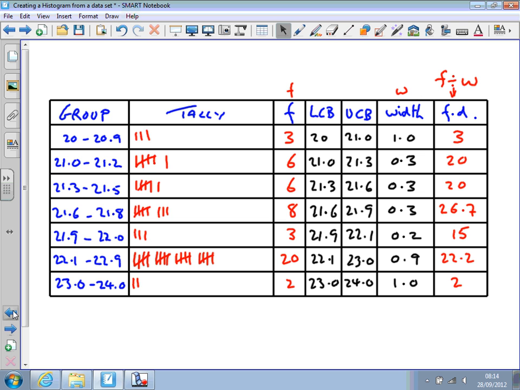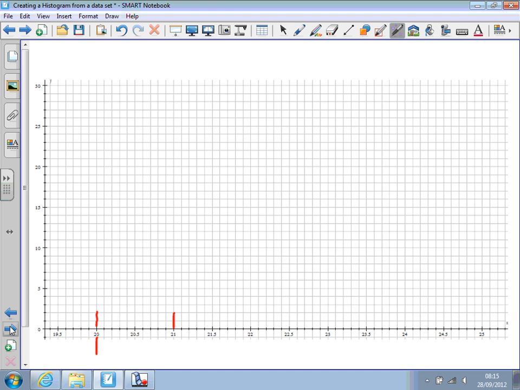It's going up to a frequency density of 3, this value here. So it goes up to 3. So there's my first bar. So I'm plotting here, x, which is the value in the group, and this is frequency density.